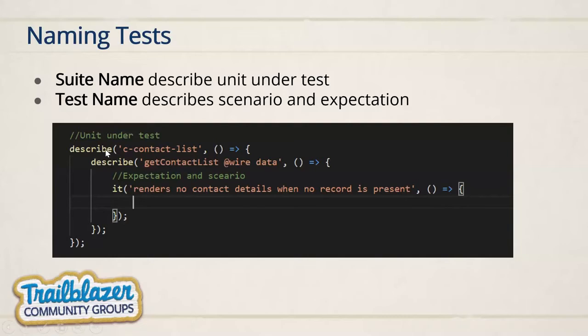First, the top level describe indicates the suite name, where you mention which component you are testing. The second describe indicates which scenario or which part we are going to test within that entire LWC component. And as we saw earlier, in the it method, we will have all the testing logic and code.